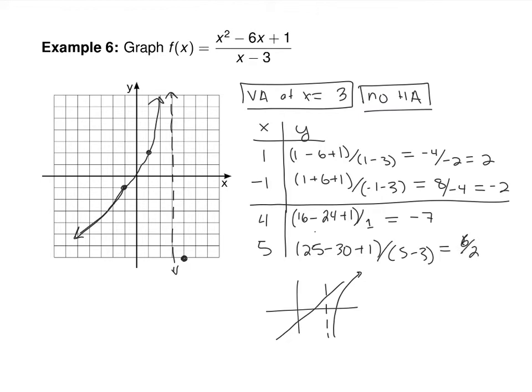Did I do that right? -6. Wait. Is it? No, -5. It's not even -6, it's -4, isn't it? Yeah, I'm so sorry. That was your awake test, guys. I think you passed. -4 over 2, which is -2. So over 5, down 2. And it just goes up forever and ever.